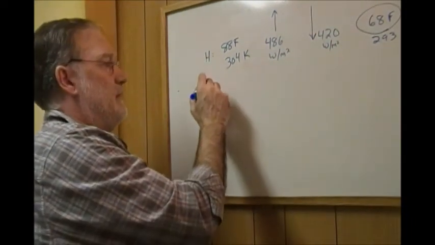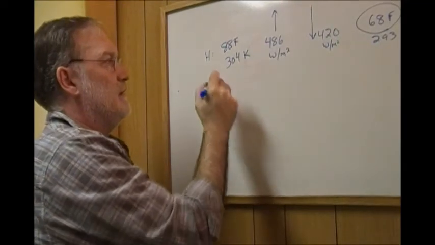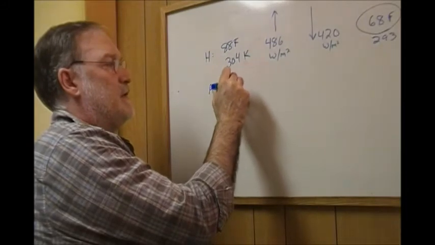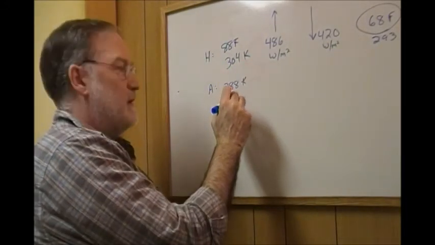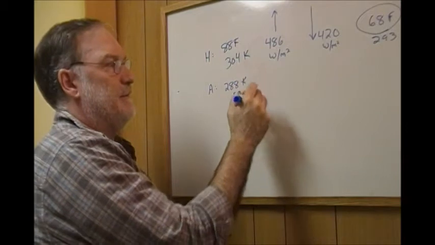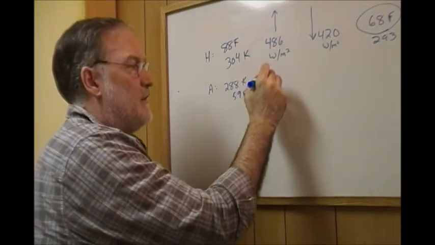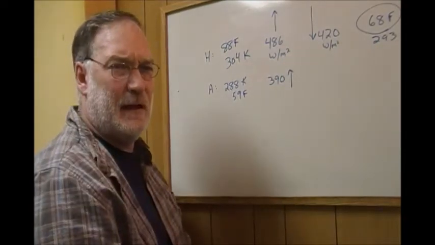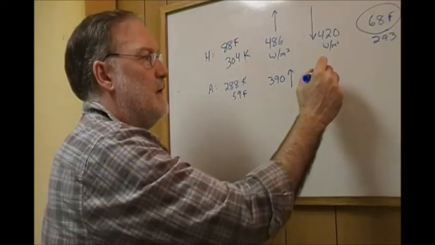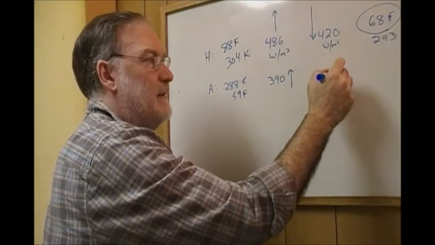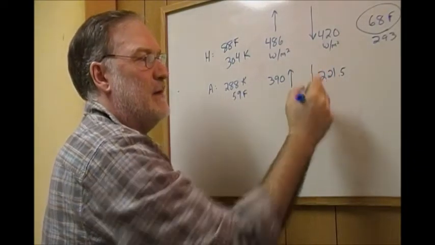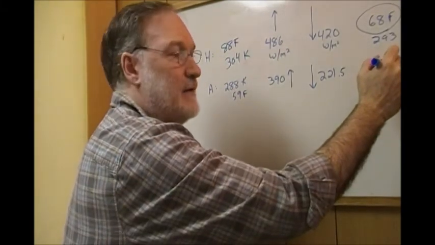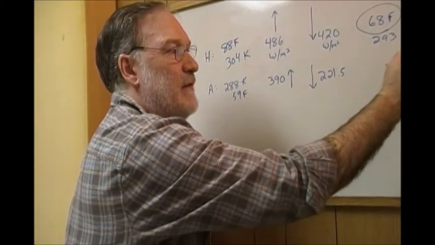The average: we know the Earth's average temperature is 288 Kelvin. That corresponds to 59 Fahrenheit. 390 watts per square meter going up. 221 and a half watts per square meter coming back down, which corresponds to an average air temperature of minus 9.7 Fahrenheit.